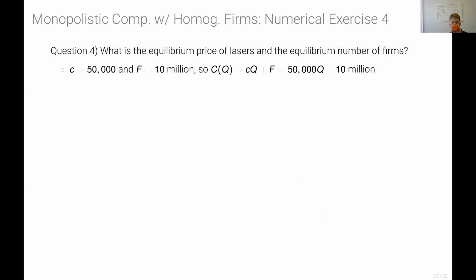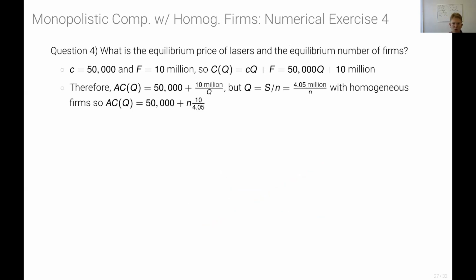Okay, so where we're going to start is based on what our assumptions tell us about the costs. We know that the fixed cost is 10 million, and the variable cost is 50,000. So our cost function is going to be equal to 50,000 times Q plus 10 million.